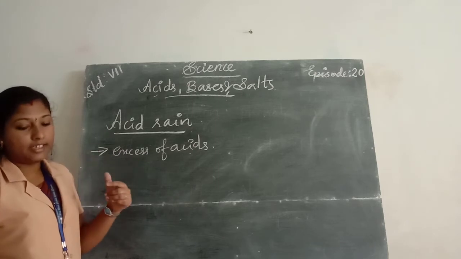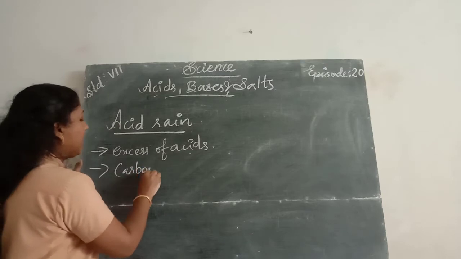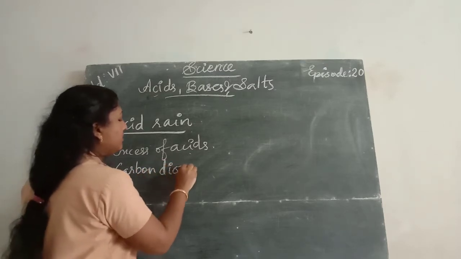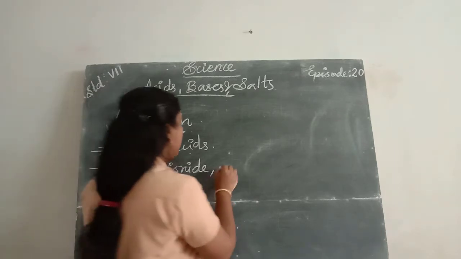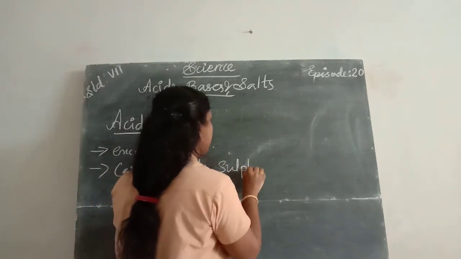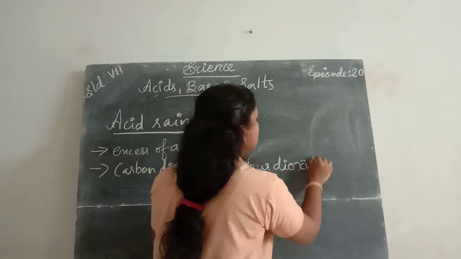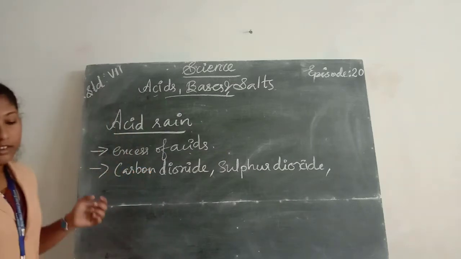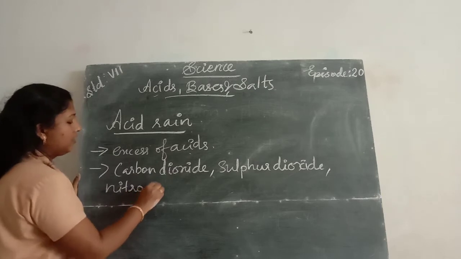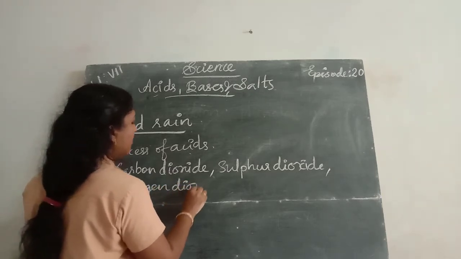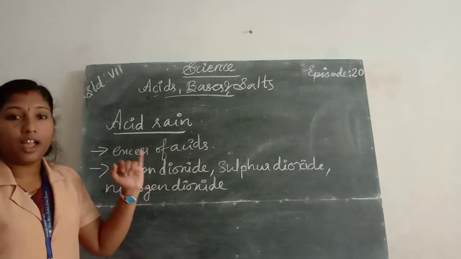The rain becomes acidic because carbon dioxide, sulfur dioxide, then nitrogen dioxide, etc. are present as pollutants in our atmosphere.